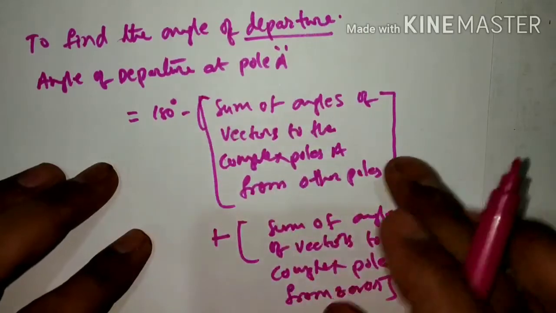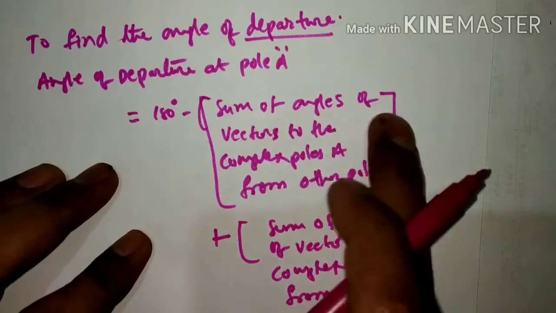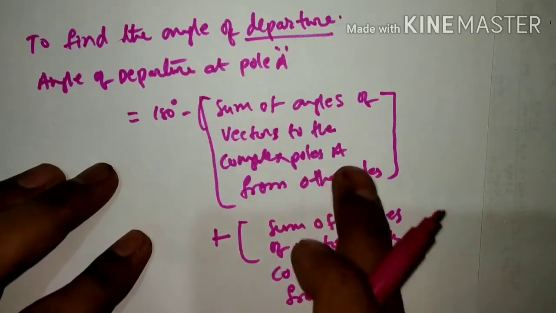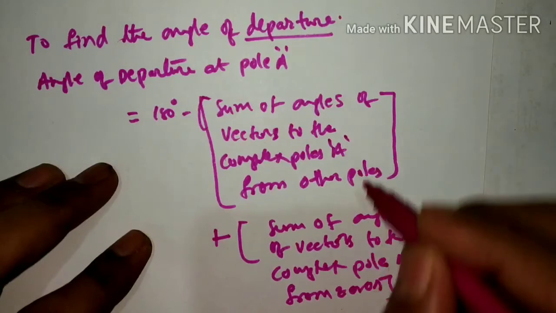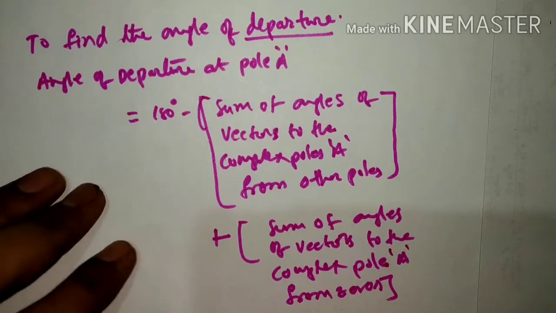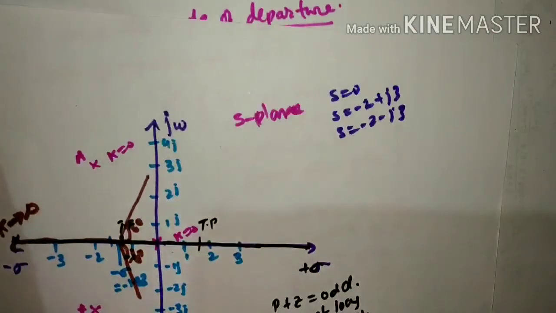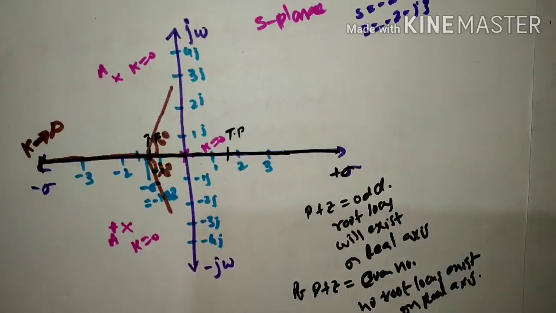How to find the angle of departure? 180 minus odd multiples of 180, minus the sum of angles of vectors to the complex pole A from other poles. Next, the sum of angles of vectors to the complex pole A from zeros. It means that this is the formula, 180 minus something like that. So you have to find the angle of departure.